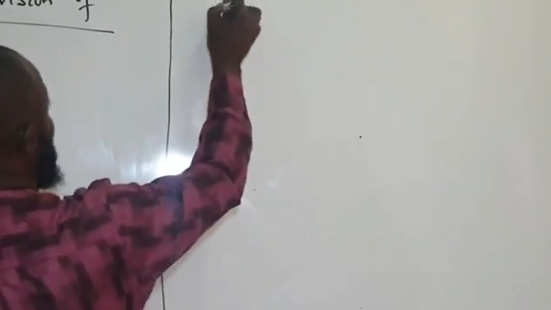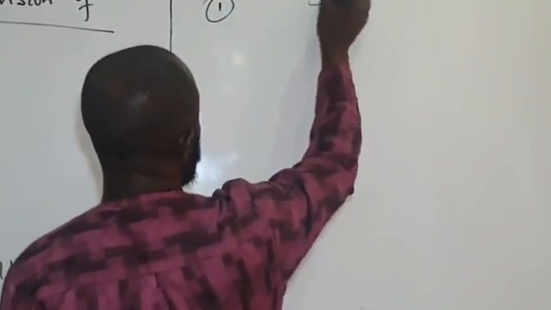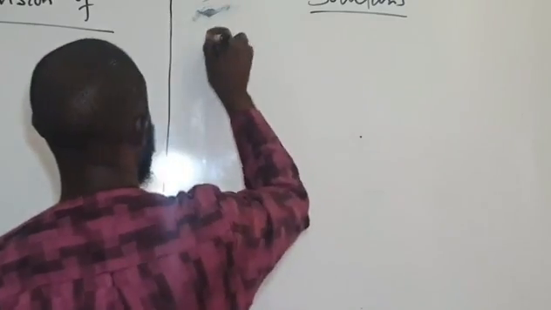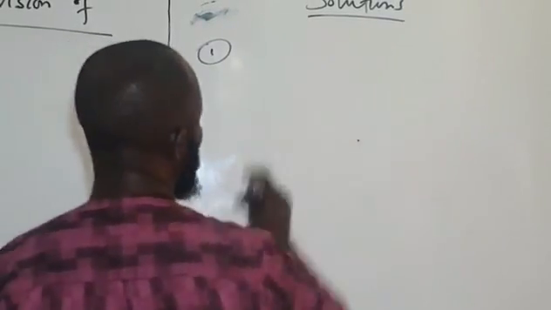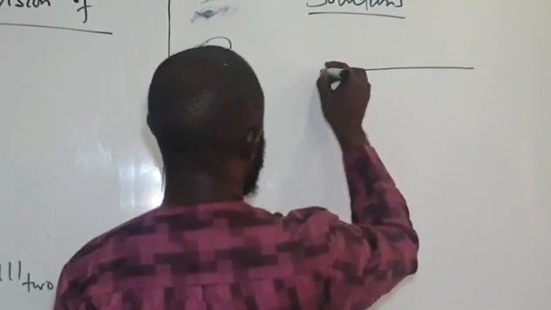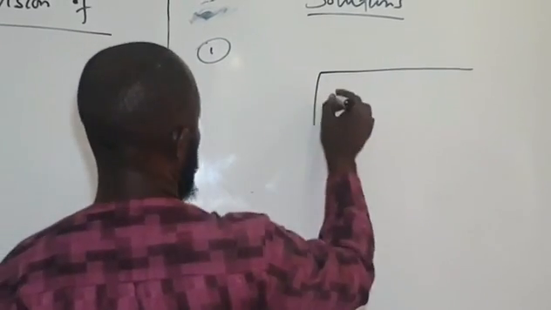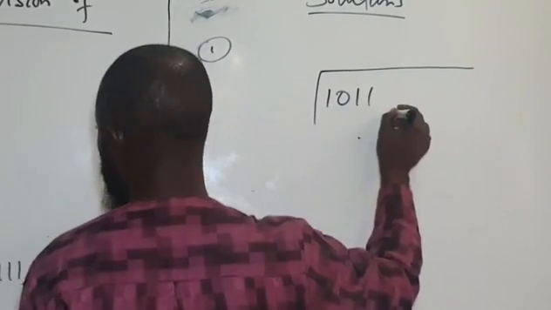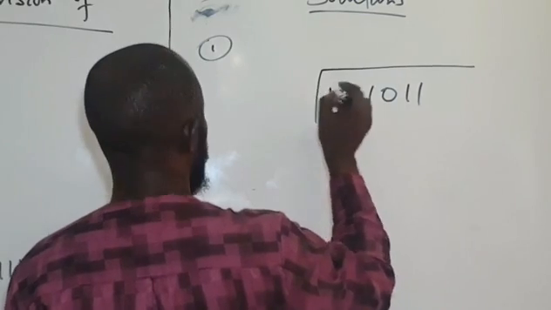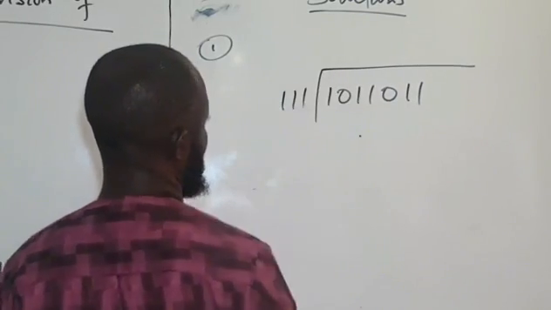The first one is this solution. So we're going to use the long division method. And please, I want you to pay attention. 1 0 1 1 0 1 1 and 1 1 1.